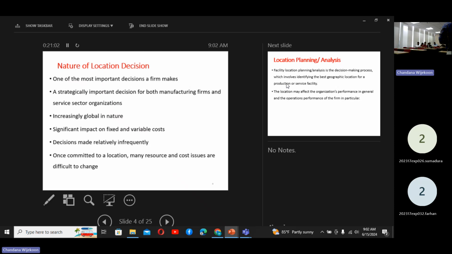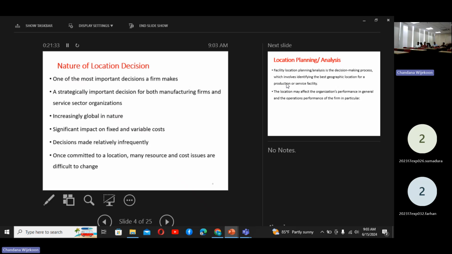So it's not about selecting one place within a country, but identifying which countries to operate in and how to locate their facilities there. Maybe not only within a region, but other continents as well, especially to expand their businesses in global markets. So it has become more global now.